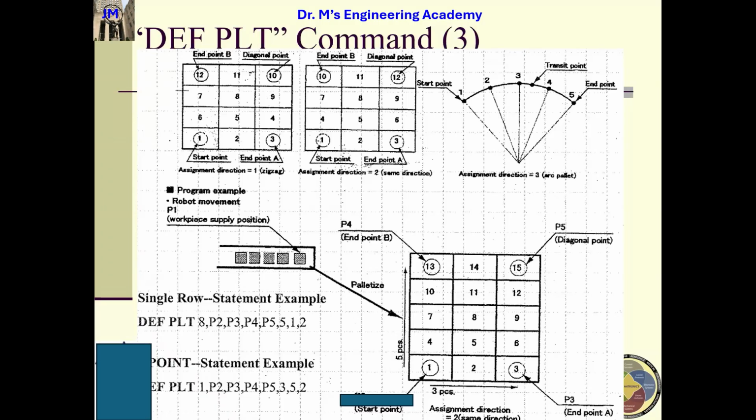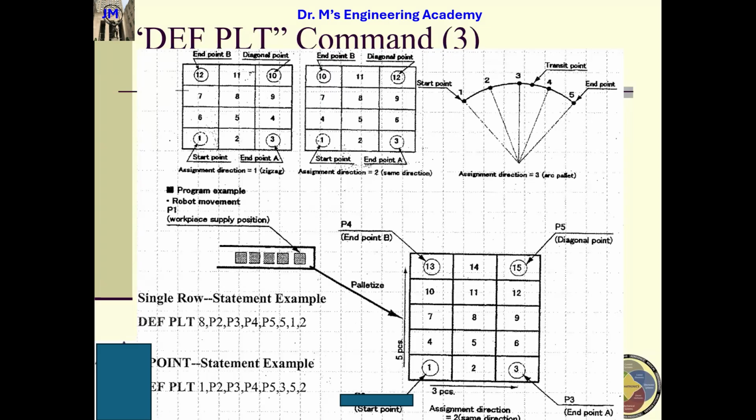However, in this dimension, if we have 100, and in this dimension, if we have 1000, we still use these 4 corner points, and we do not use any intermediate points. I want you guys to know that. Why? Because if you go through all these points, there's no significance to palletizing.